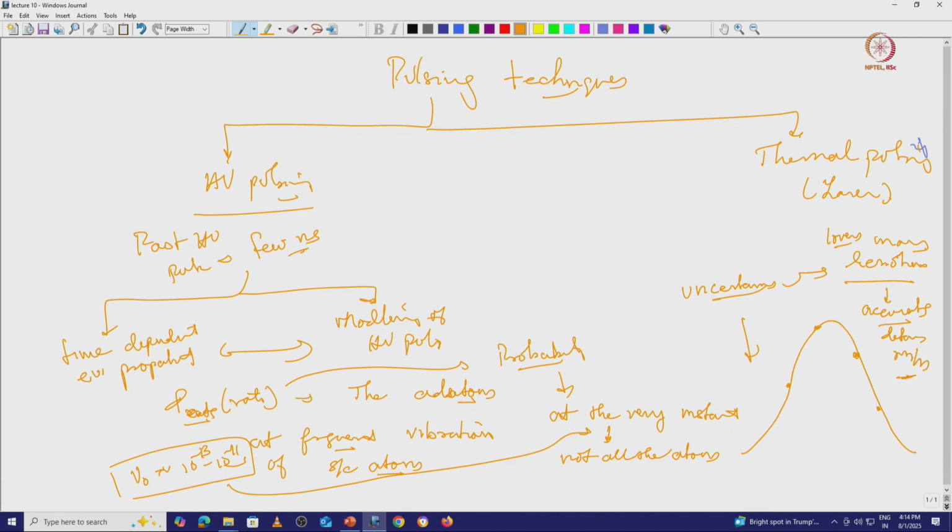Elemental identification will be difficult and will not be resolved easily because of this uncertainty. If there is an HV pulse here, the atoms can field evaporate when your HV is in this position, here, here, or here. This will induce a spread in the mass to charge ratio peak.